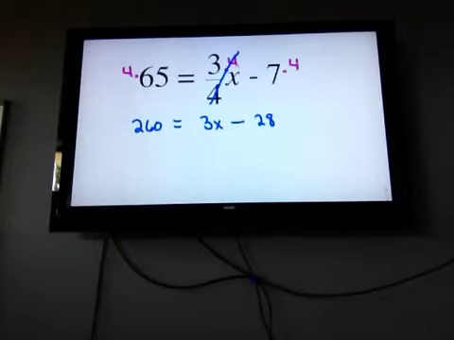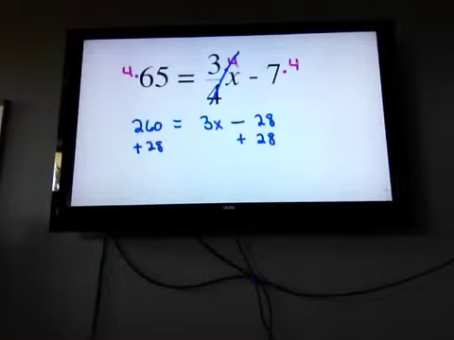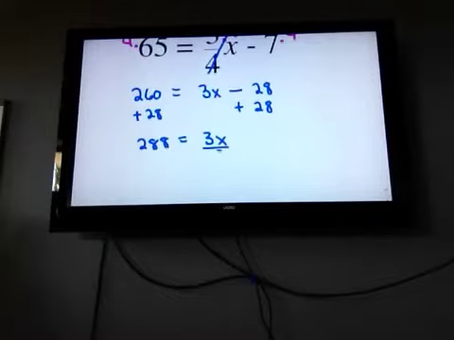And then we solve as usual. Add your 28. I have 288 equals 3x. And then divide by 3. And I get 96.